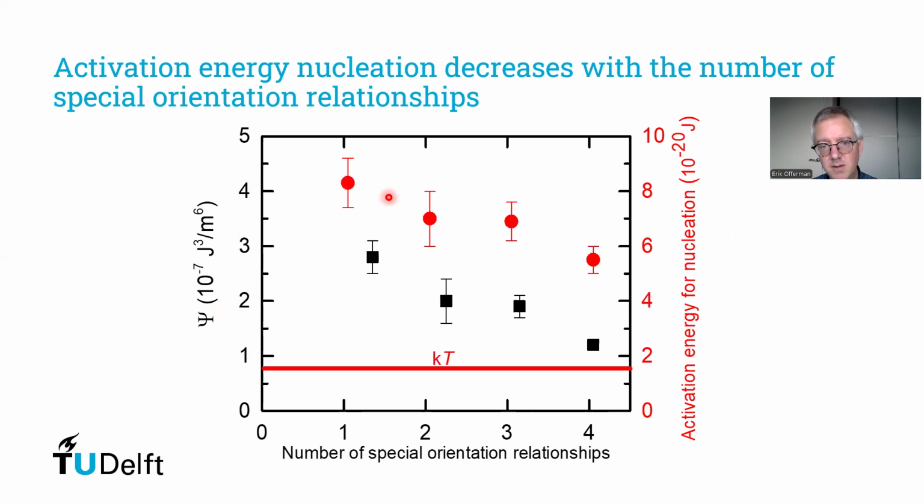So we see that the activation energy for nucleation also decreases when the number of special crystallographic orientation relations increases, although the changes are subtle. There are not very big changes, but still this point is significantly lower than that point. The activation energy is a few times larger than the thermal energy of the system, as you see here, depicted by the Boltzmann factor times the temperature.